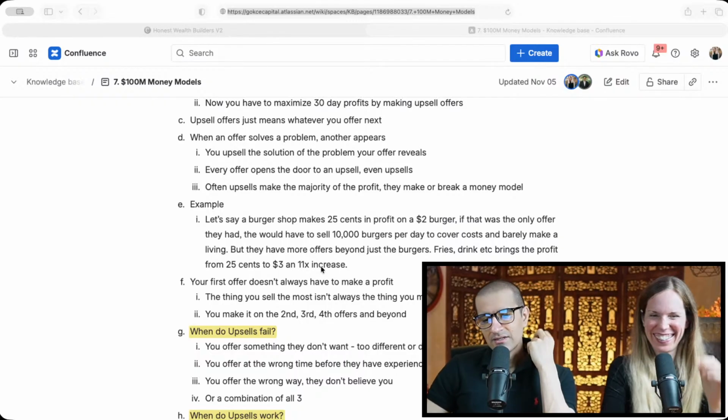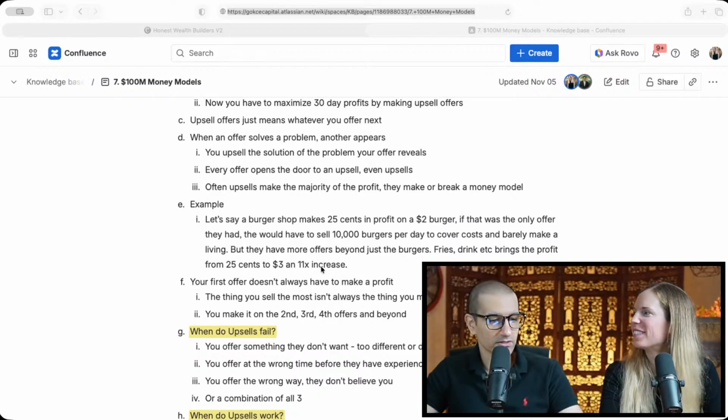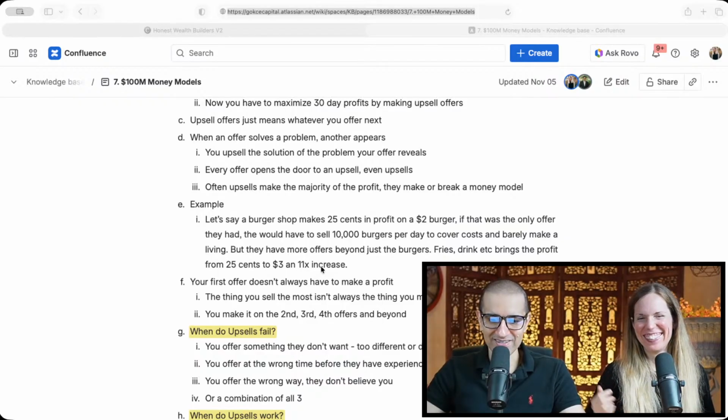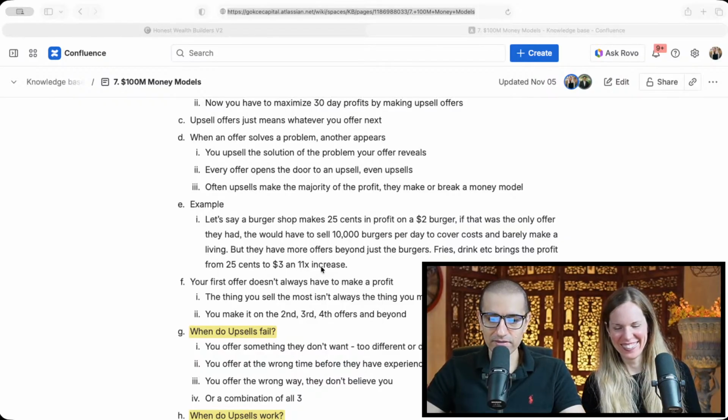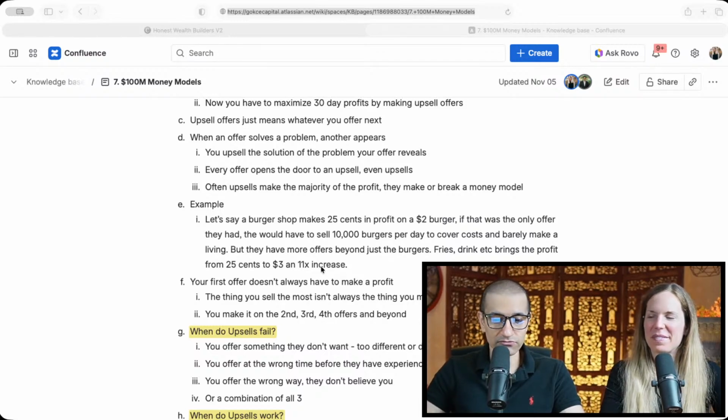Okay. So, yeah, that's what an upsell is. I'm guessing anyone who saw this exchange is never going to forget what an upsell is. So that's what an upsell offer is: whatever you offer next after the person buys the first thing.